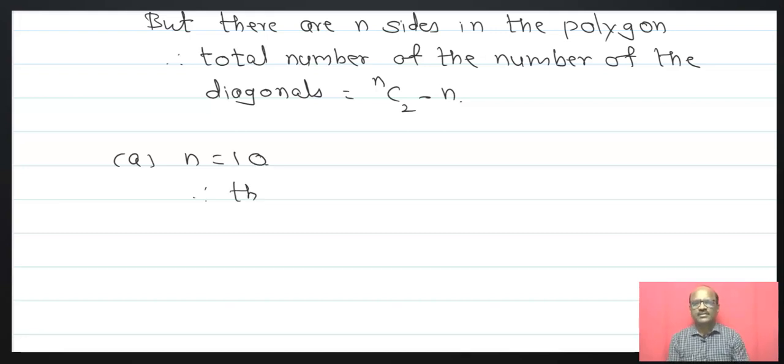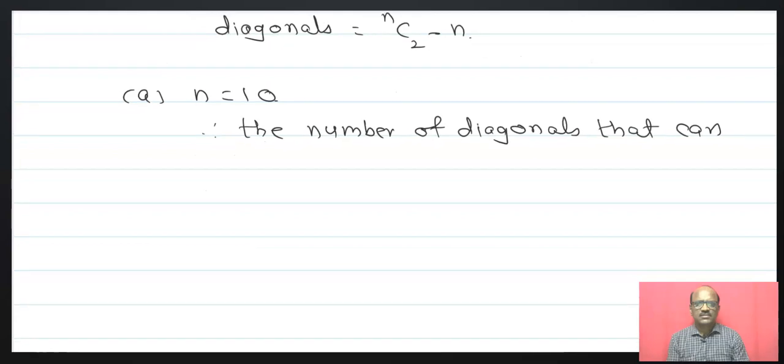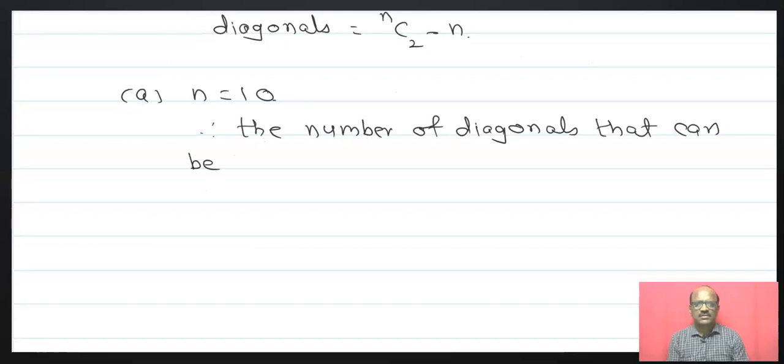Then we will get nC2 minus n. Now here n is equal to 10. Therefore, the number of diagonals that can be drawn is equal to 10C2 minus 10.